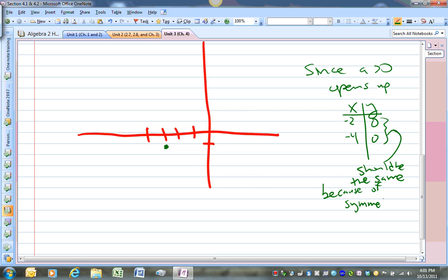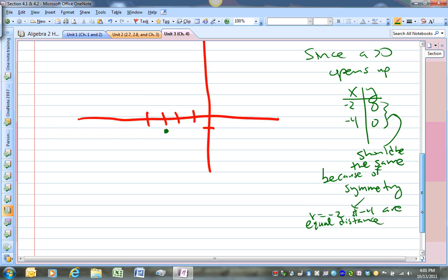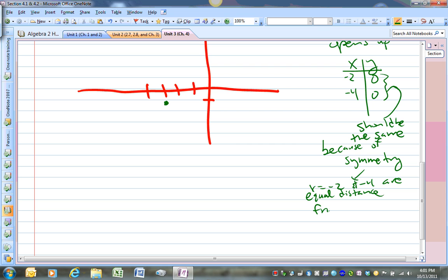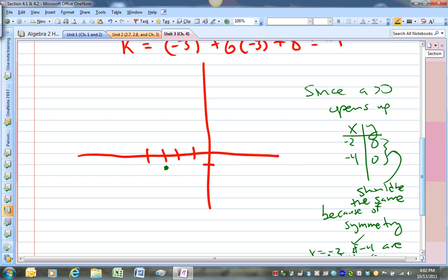And why do we have symmetry? X equals negative 2, negative 4 are equal distance from the vertex. So, you plot your points.